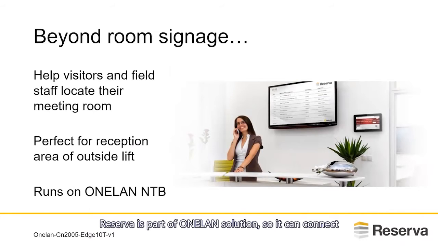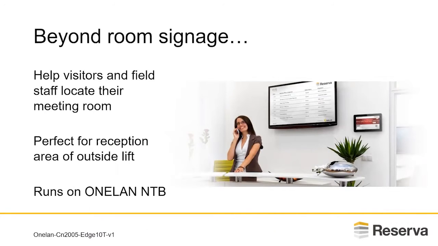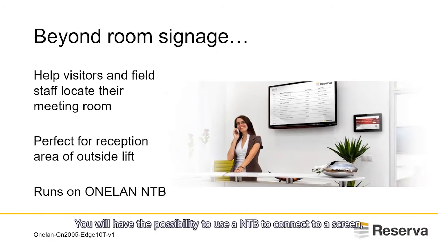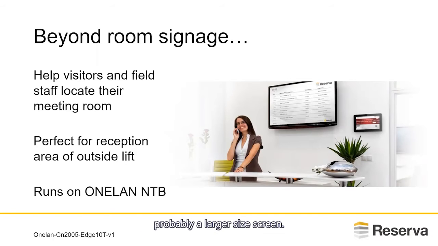Reserva is part of the One-Line solution, so it can connect to the One-Line digital signage. You will have a possibility to use an NTB to connect to a screen, probably a larger size screen, and run on that NTB an HTML content that will give you a Reserva summary page. Instead of showing the information for just a single room, it will show you the information for a pool of rooms.